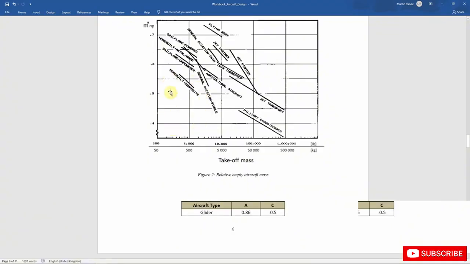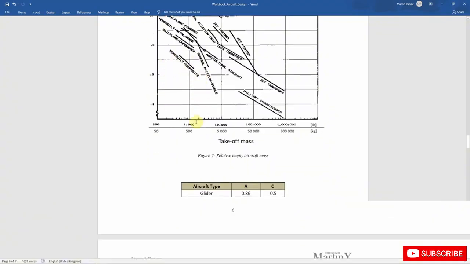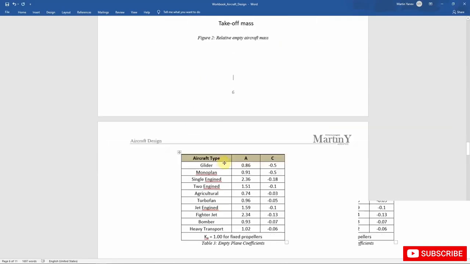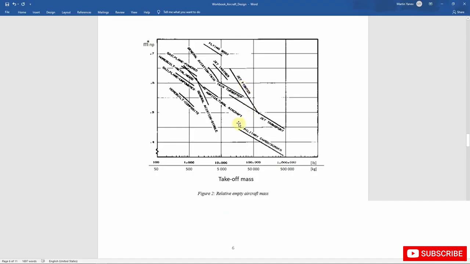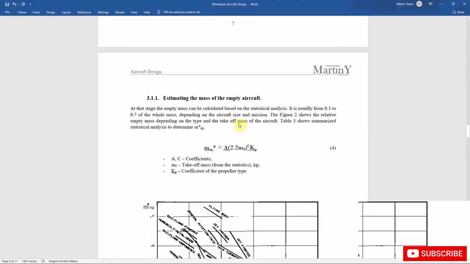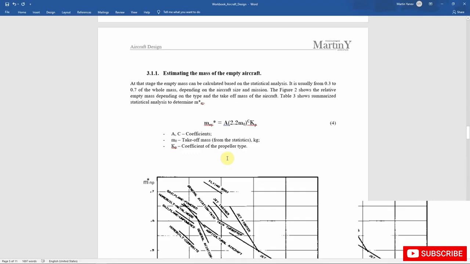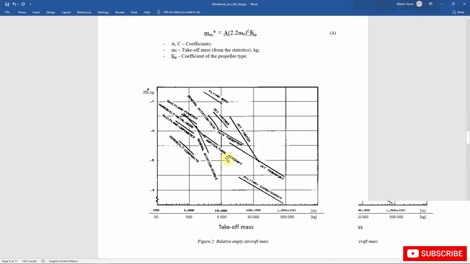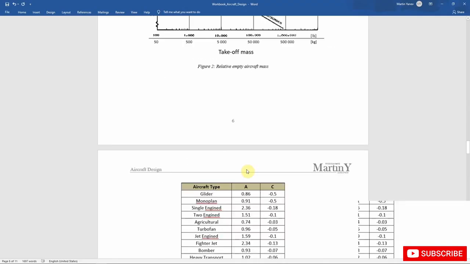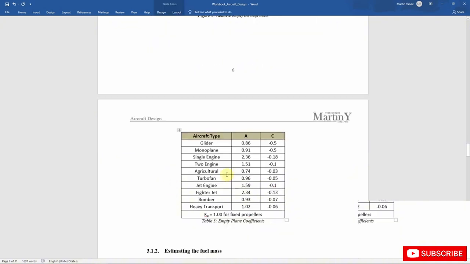Okay, so based on this figure, we're defining the A and the C coefficients, and they are taken exactly from this chart. So the equation that you can see here is basically based on this chart. And in order to transform this chart into an equation, we're using these coefficients A and C. In our case, the A and C coefficients will be taken for jet engined aircraft, okay?